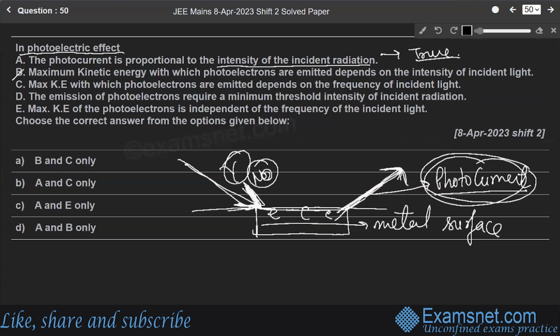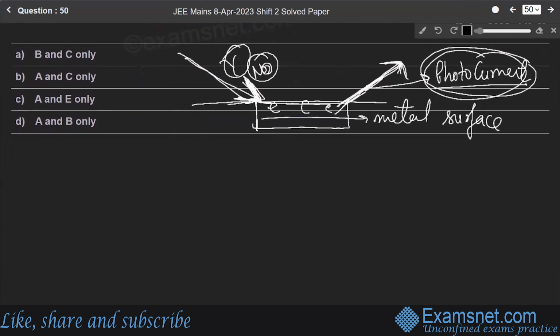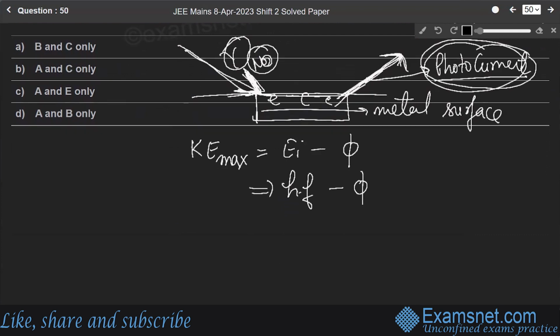The second, B, is that the maximum kinetic energy with which photoelectrons are emitted depends on the intensity of the incident light. This is false because we know that in the photoelectric effect, the maximum kinetic energy equals the initial kinetic energy minus the work function. This initial kinetic energy equals h times f, frequency, minus the work function.